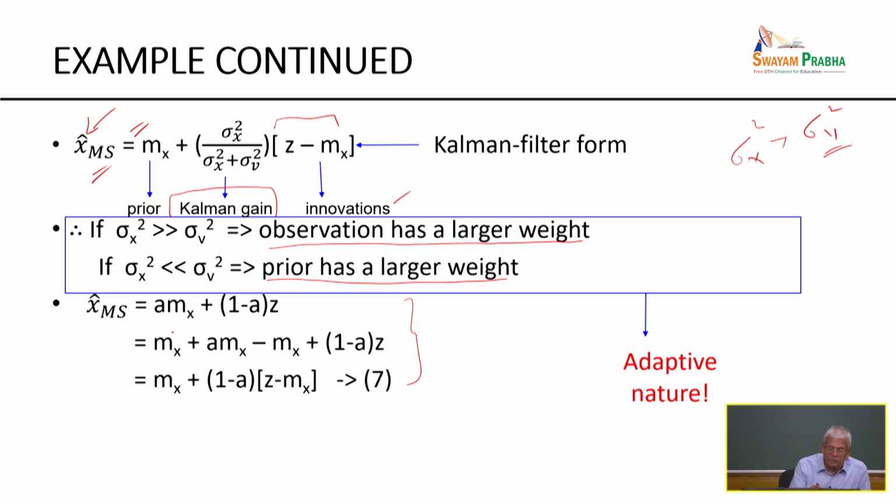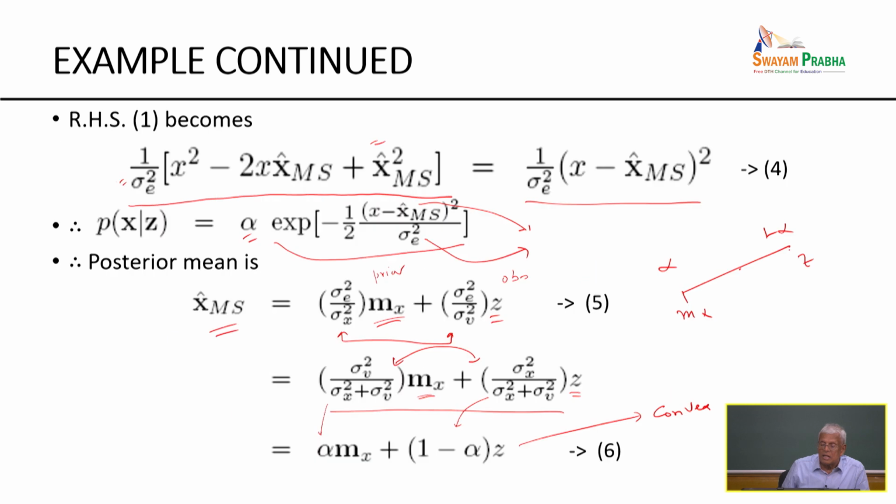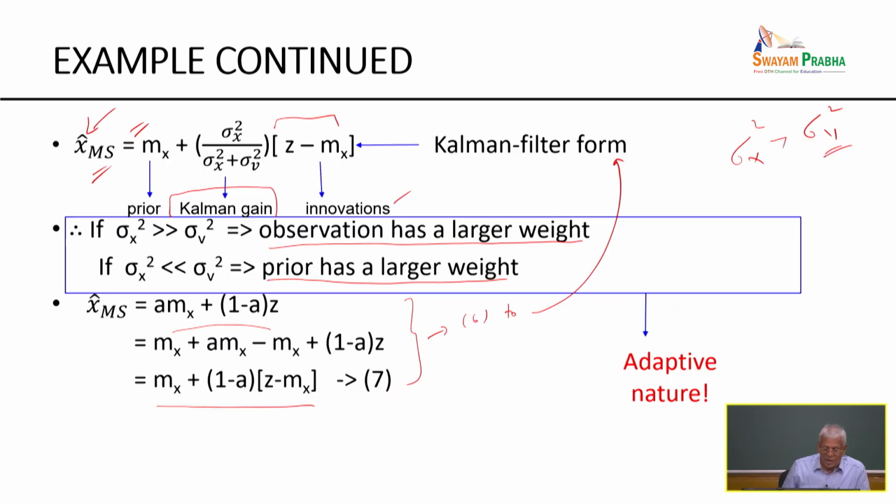I can add and subtract m of x, and therefrom I get this relation. How do I convert equation 6 to the form given here? You add and subtract, you get this form. Therefore, the equation in the first line of slide 14 and the equation on the last line of slide 13 are one and the same.